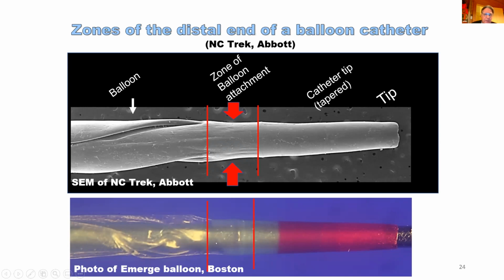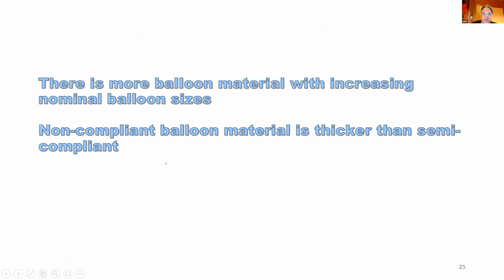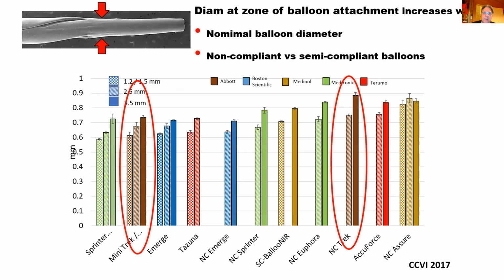And we measured diameters here and here, and what we found was there is more balloon material with increasing nominal balloon sizes, and non-compliant balloon material is thicker than compliant, semi-compliant.